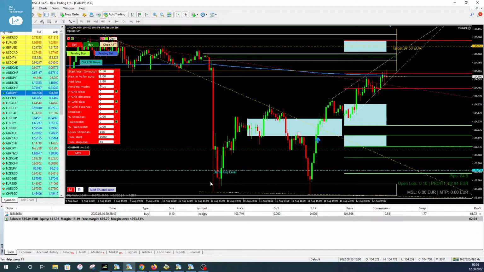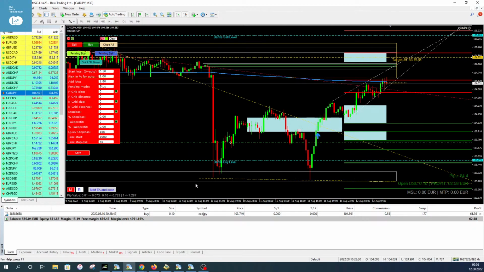You can use the supply and demand zones. For example, if you put a buy order here and wait to see what happens, especially on such very small zones. Let's see how big this box is. From here to here we have 14 pips, so it's a 14 pip zone.